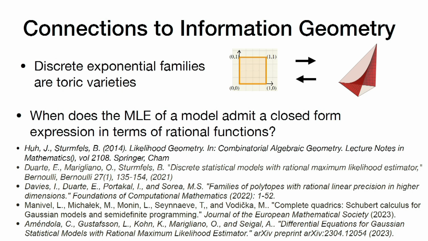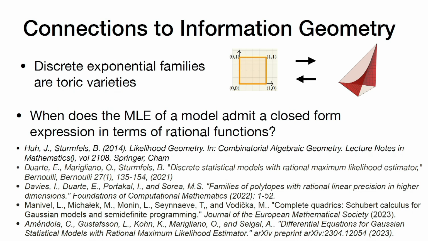But this is not just restricted to discrete statistical models. The last two references that you see here consider Gaussian models. So these are sets of covariance matrices that are defined by polynomial equations, and you want to understand when these models have a closed form expression for their MLE.